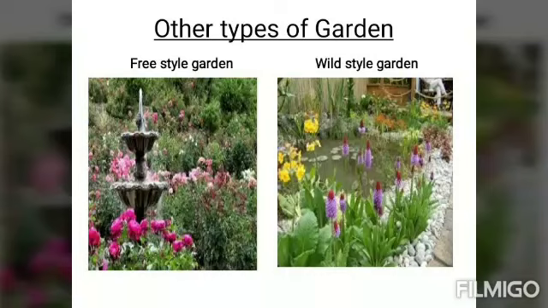So this is one example, and you can see from the right side a picture of a wild style of gardening. You can get more from the net if you want to see more pictures of this type of gardening. So these are some examples of freestyle garden and wild style garden.